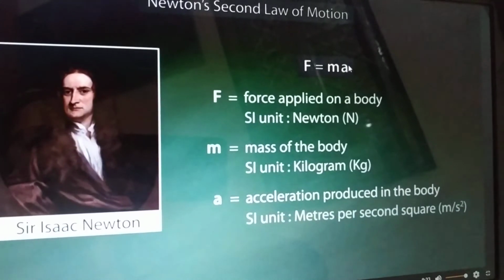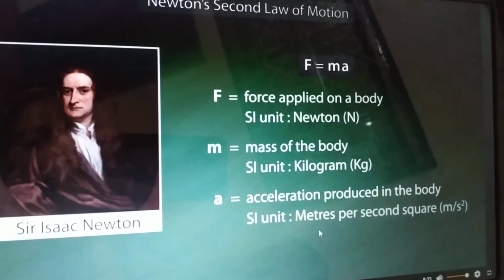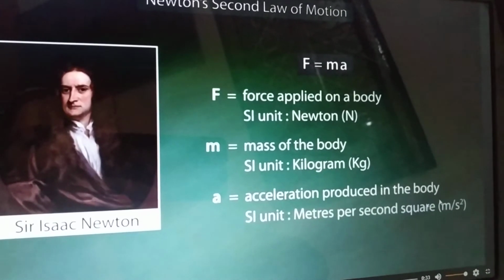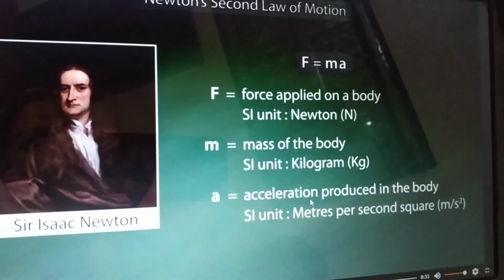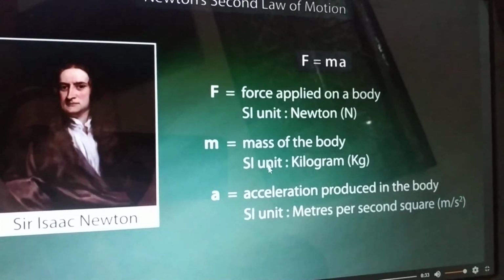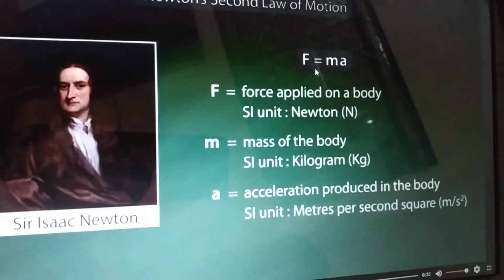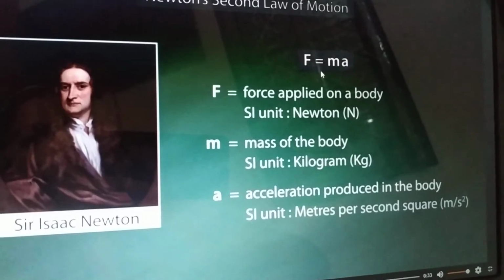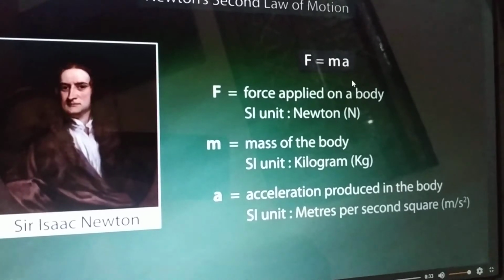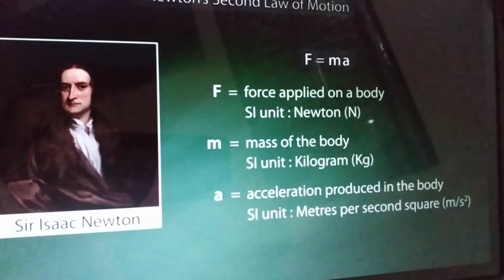And a is the acceleration that is produced in a body, which is measured in meter per second square, right? So these are the SI units of force, mass and acceleration. So Newton's second law is force is equal to mass into acceleration. Let us see mathematically how we can prove it.